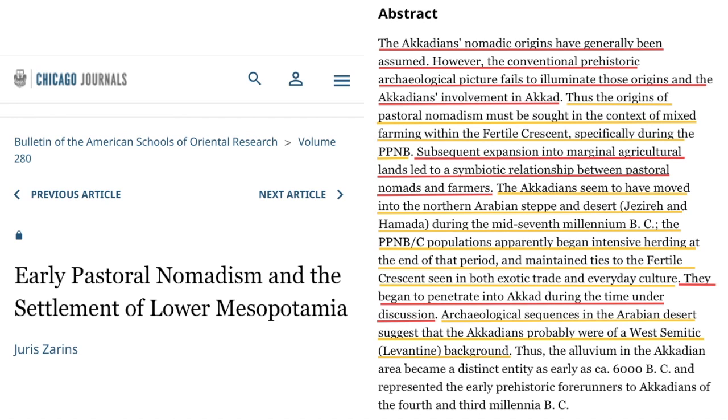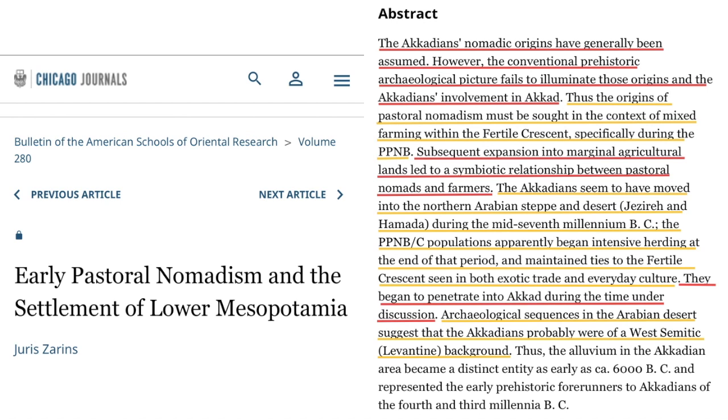It reads, "The Akkadians' nomadic origins have generally been assumed. However, the conventional prehistoric archaeological picture fails to illustrate those origins and the Akkadians' involvement in Akkadia, or Akkad. Thus, the origins of pastoral nomadicism must be sought in the context of mixed farming within the Fertile Crescent, specifically during PPNB, Pre-Pottery Neolithic B."